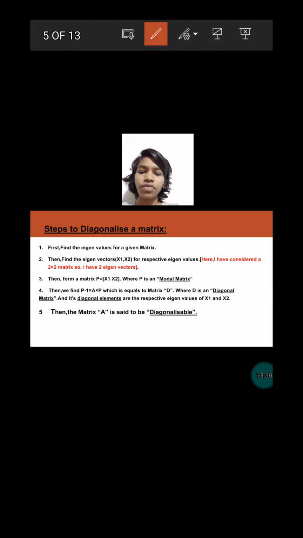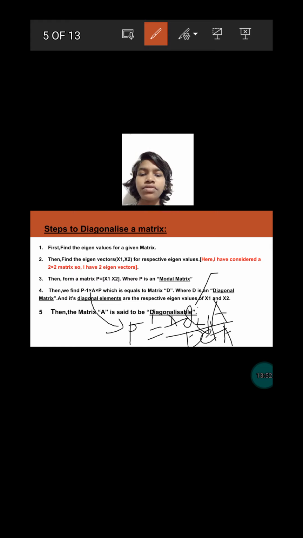Then after that we find the product of P inverse, A, that is the given matrix, and P, the model matrix. How do we find the inverse of a matrix? We find the inverse of a matrix using the formula adjoint A by det A. Adjoint A we find using cofactors.